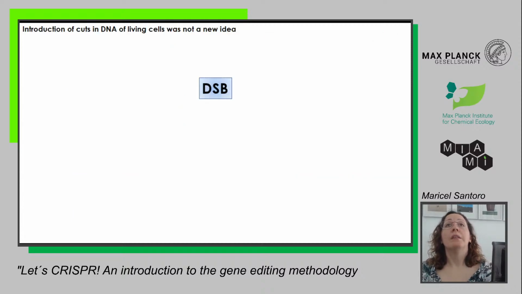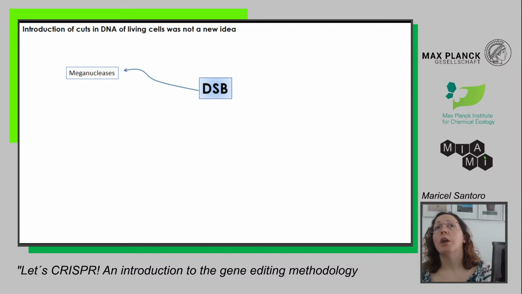So this double-strand break, the generation of this cutting, is not actually a new idea. It's not something that we discovered with CRISPR-Cas gene editing, but something that was already going around in the groups doing genome manipulation, and they were using different mechanisms.